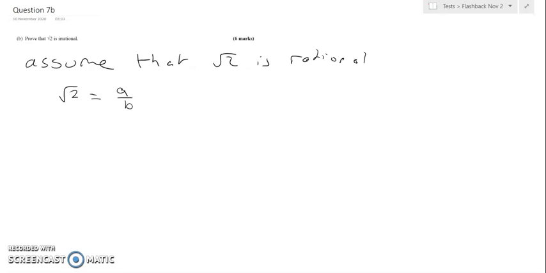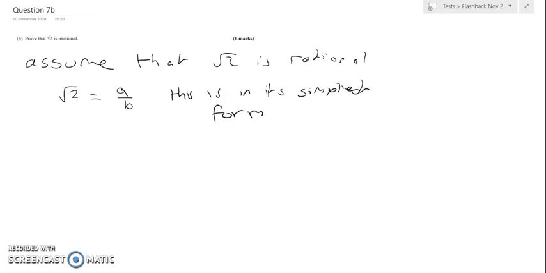And it's really important that at this stage we say that this is in its simplest form, because at the end of this is what we're going to contradict.